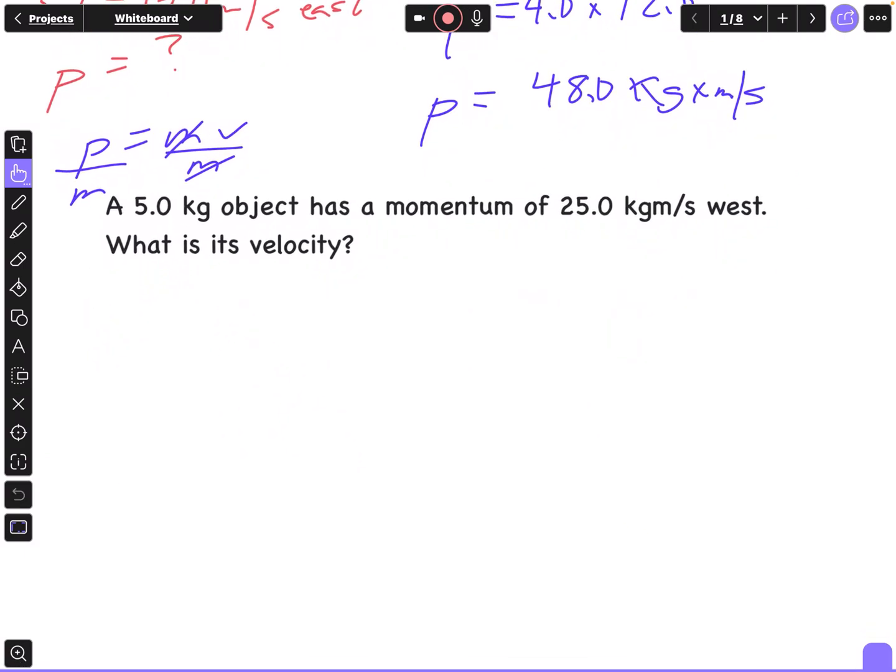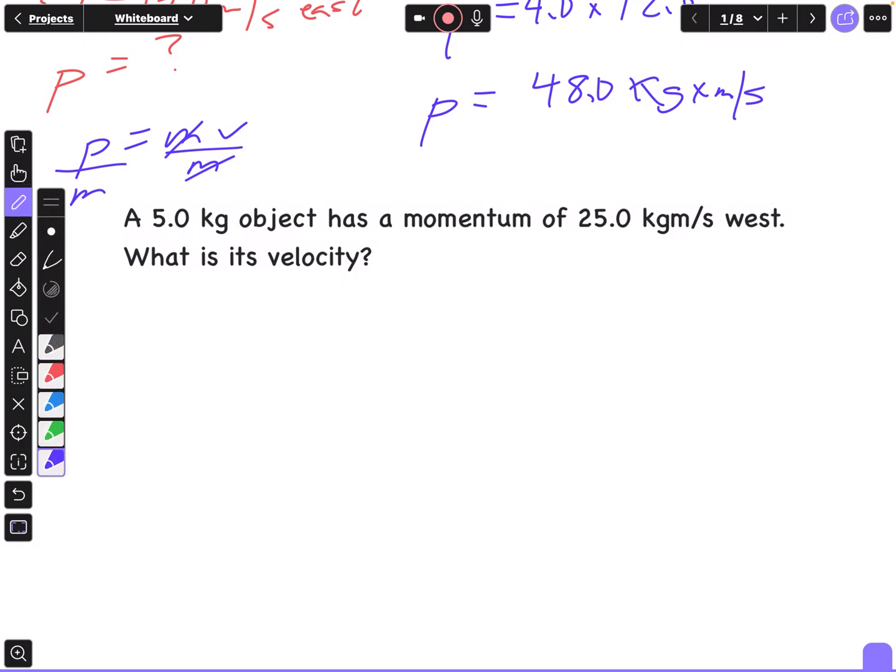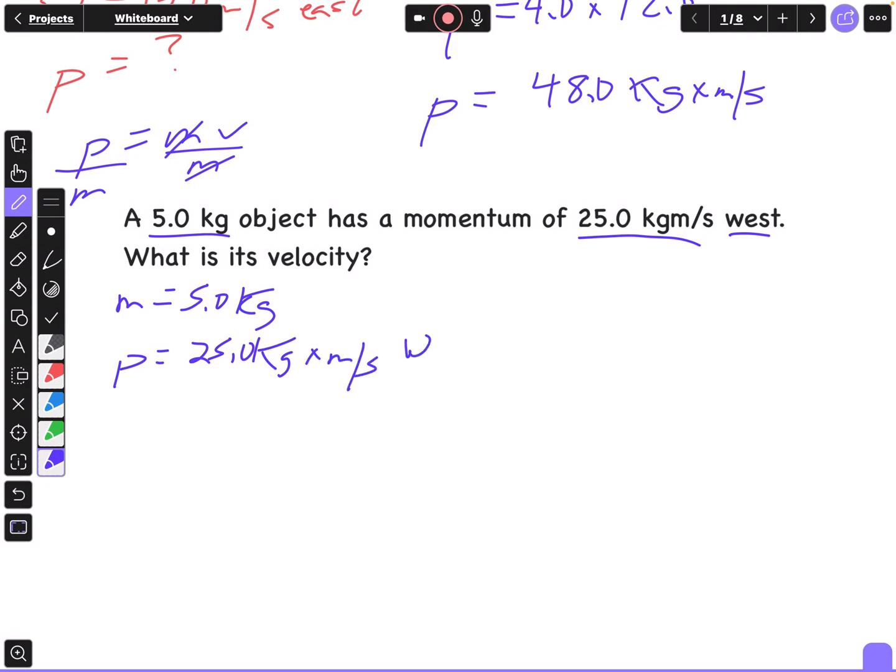Okay, next. A 5 kilogram object has a momentum of 25 kilograms times meters per second west. What is its velocity? I'm given a mass in the problem of 5.0 kilograms, and a momentum of 25.0 kilograms times meters per second, west.